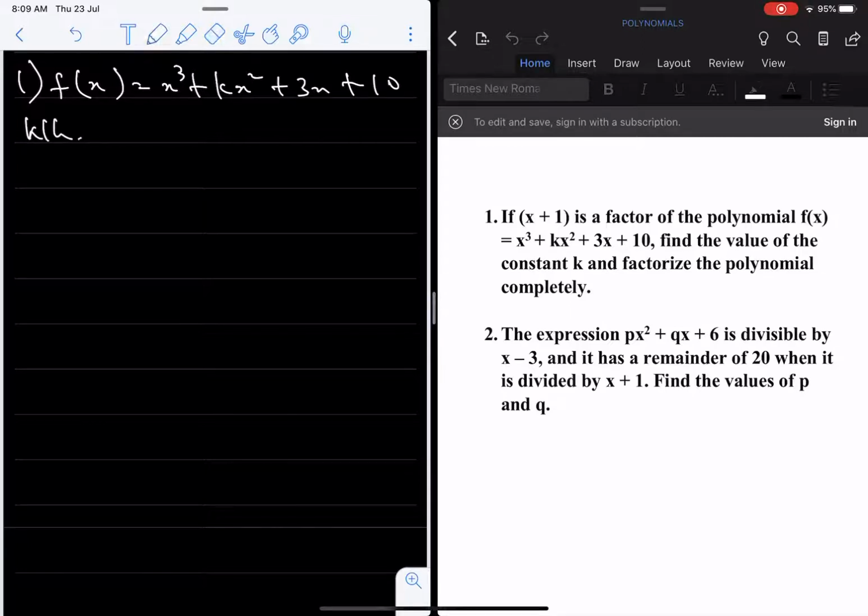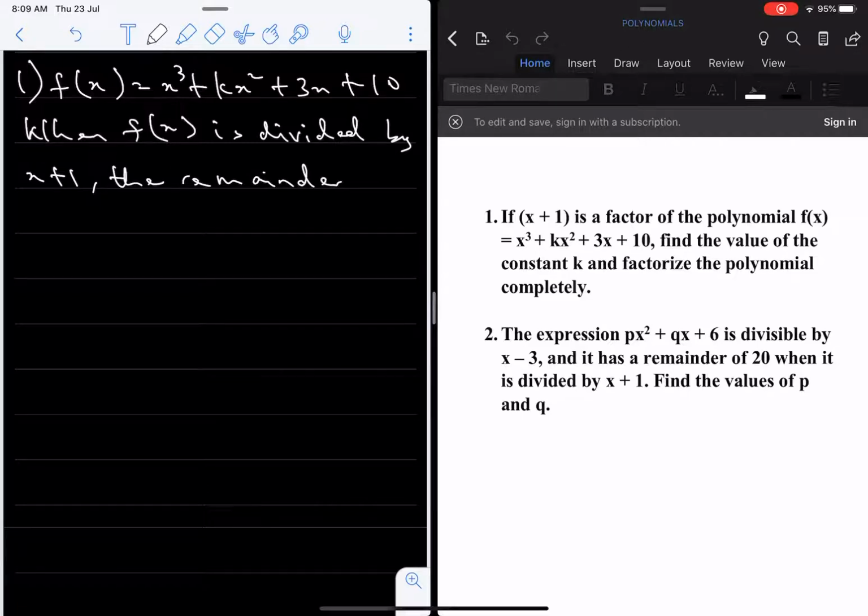Since x plus 1 is a factor of f of x, that simply means when f of x is divided by x plus 1, the remainder is f of minus 1.